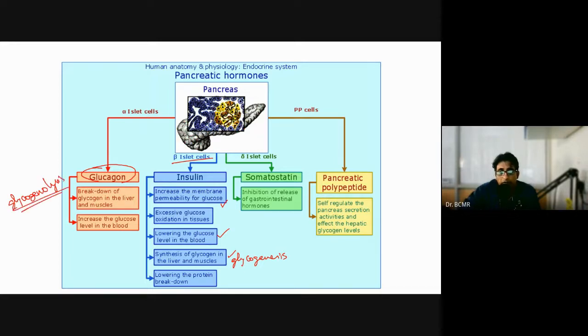Insulin is favoring glycogenesis, and glucagon is favoring glycogenolysis. It increases the blood glucose levels. These two are the important ones as per what we are discussing at this stage. But otherwise, delta cells produce somatostatin, which is involved in many other functions.